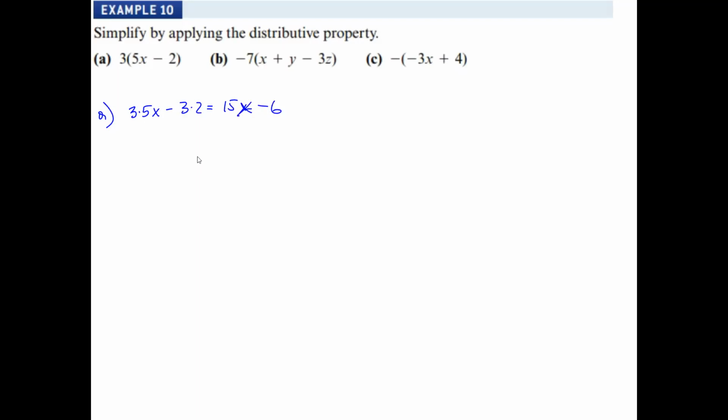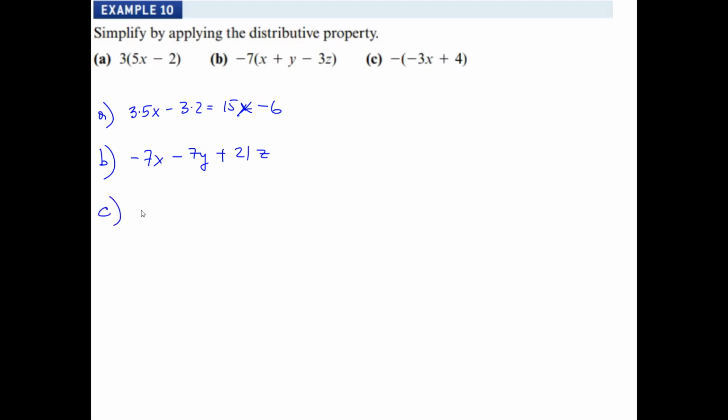Good? B. So minus 7x minus 7y plus 21z. Good? Minus times minus gives me plus.